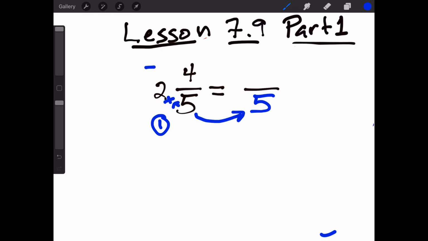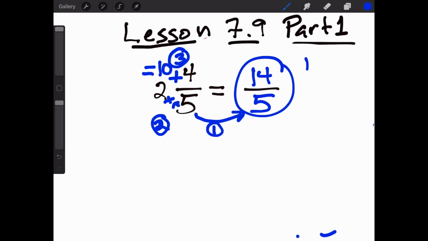So 5 times 2 would equal 10. Okay. I'm sorry, this is step 1. I'm sorry, I messed up. This is step 1. This is step 2. And then step 3 would be 10 plus 4 would equal 14. And voila, there is your improper fraction.